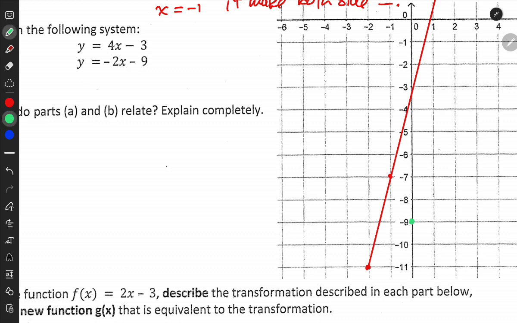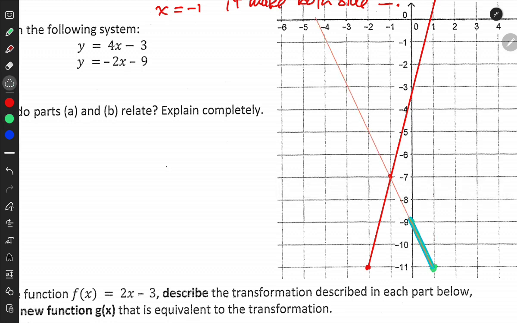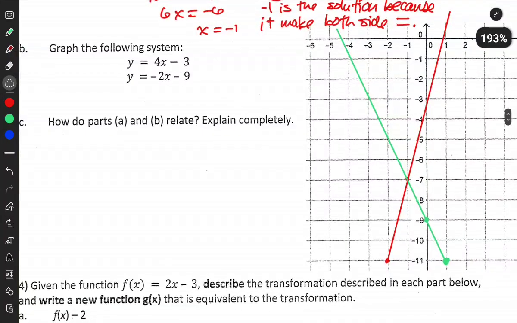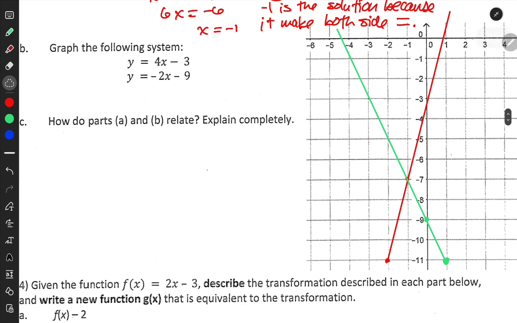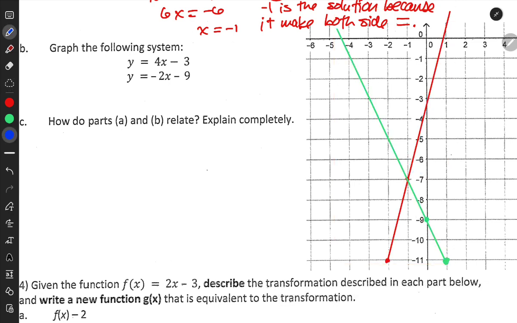So if I was to draw this line, and then extend this line, much steeper this time, I can see this right here. X is negative 1 when these two lines come together, right? X is negative 1 when these two lines come together.